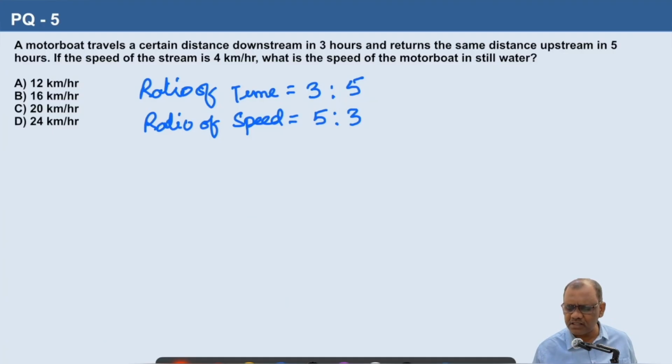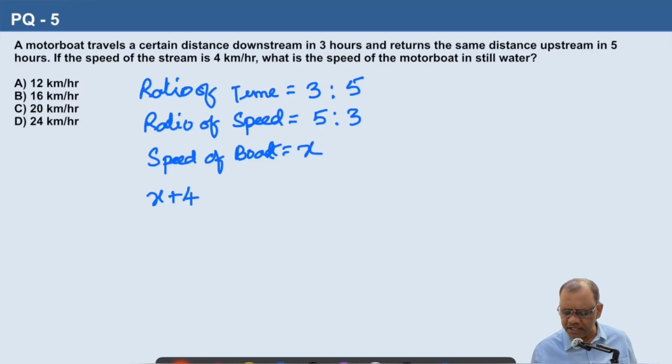We don't know the speed of the motorboat, so let us assume the speed of the boat is x, and the speed of the stream is 4 kilometers per hour. So let us find the speeds.